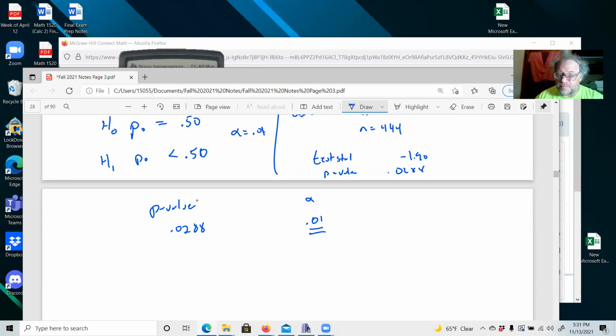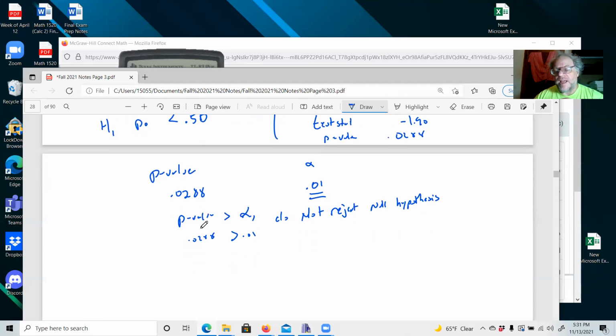Didn't quite make it. So since p-value is greater than alpha, 0.0288 is greater than 0.01, we do not reject the null hypothesis. We have no evidence to say that less than half did anything.